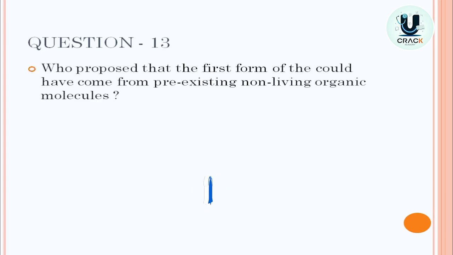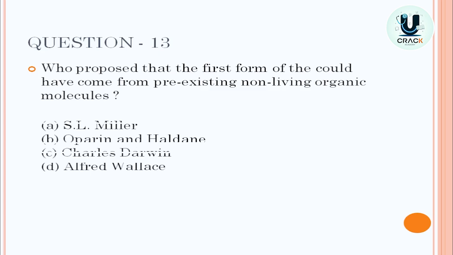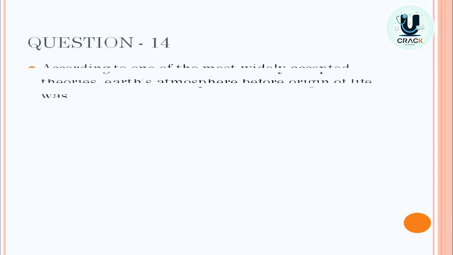Question number 13. Who proposed that the first form of life could have come from pre-existing non-living organic molecules? A. S.L. Miller, B. Oparin and Haldane, C. Charles Darwin, D. Alfred Wallace. Answer B. Oparin and Haldane. Question number 14.